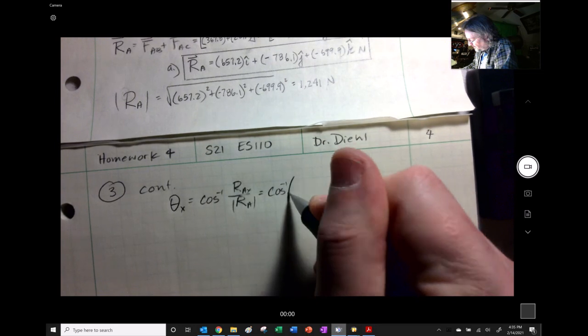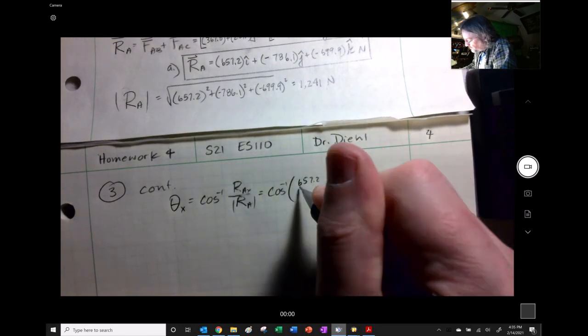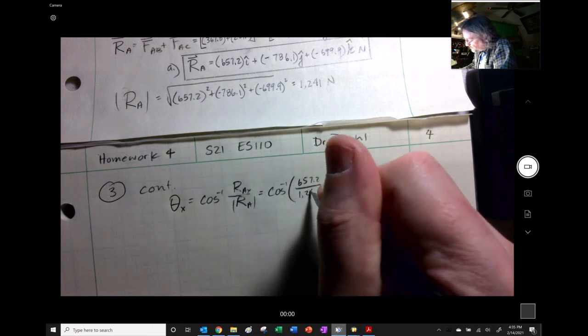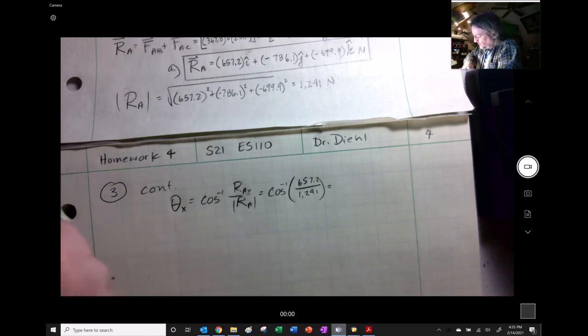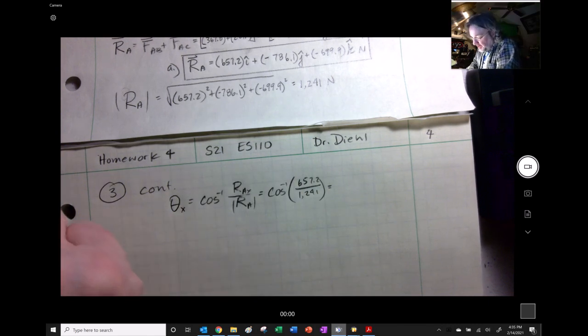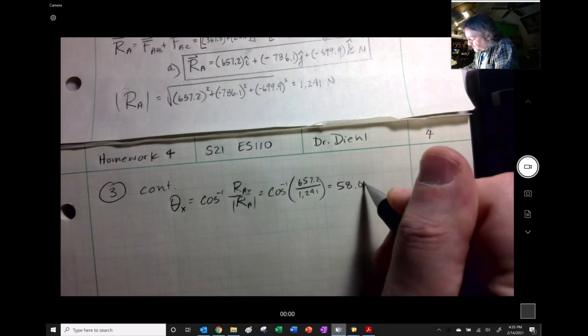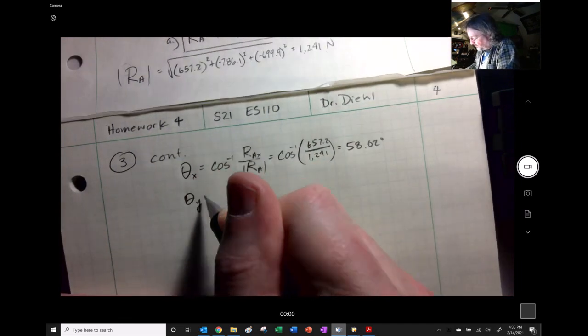Inverse cosine of 657.2 divided by 1,241. So it actually happens to be in my stack still here. So that comes out to 58.02 degrees. Theta x.